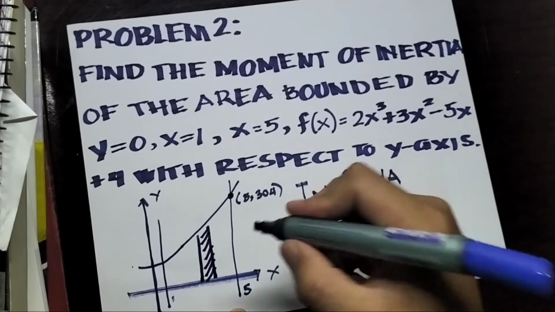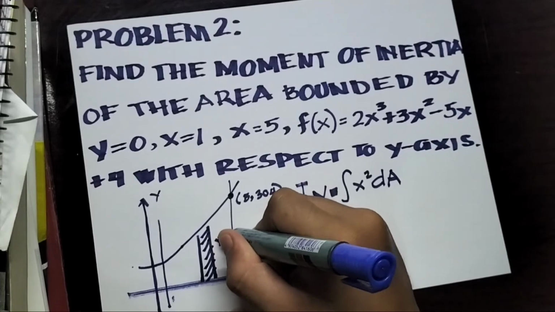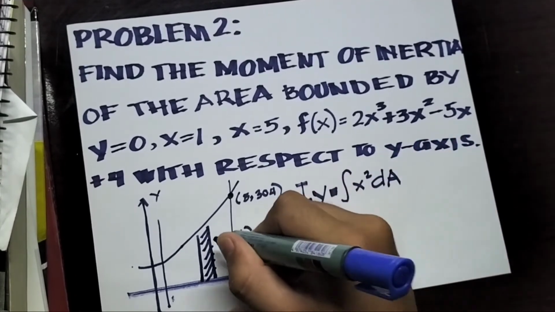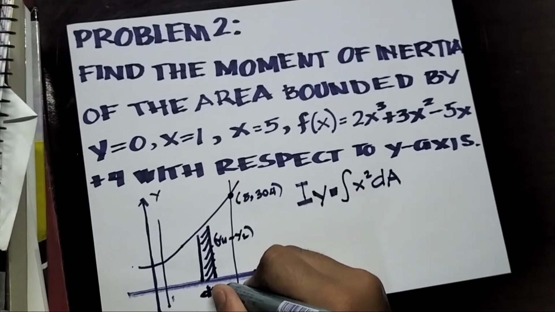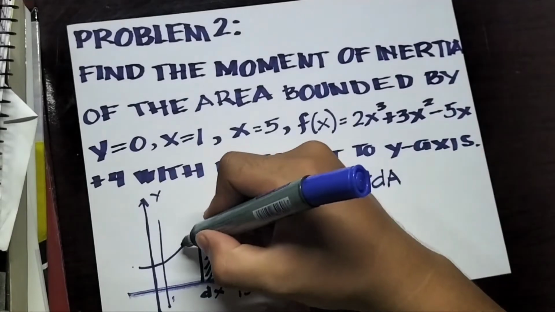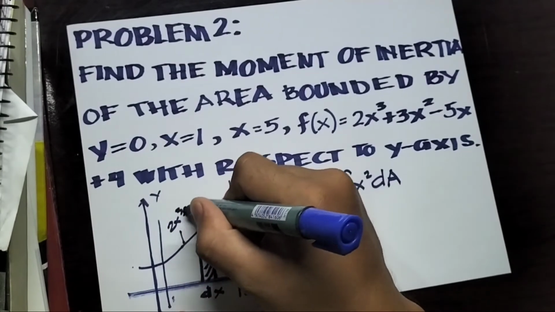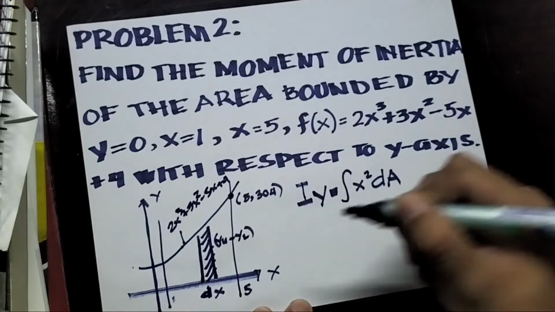Ayan. Whereas this is y upper minus y lower, and this is dx. This function is 2x cubed plus 3x squared minus 5x plus 4, the curve.